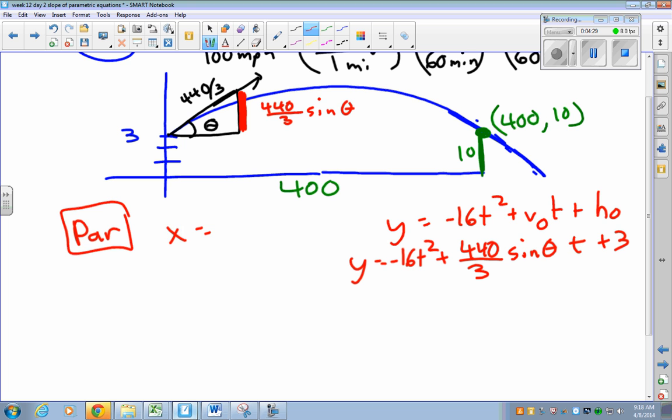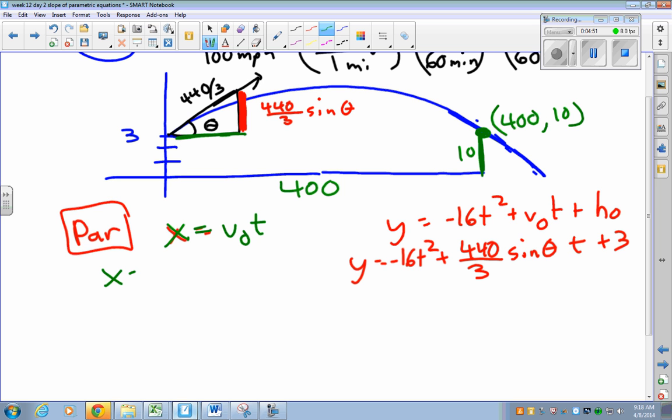Okay. For the parametric part of the x, assuming no air resistance, whatever the initial velocity of the x is, and let's say I do that in green, the initial velocity of the x is going to be that times time. That's it. So x is v naught t.